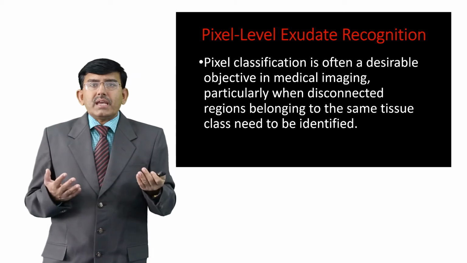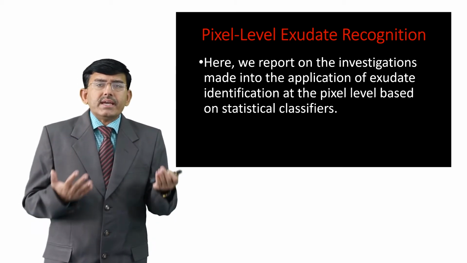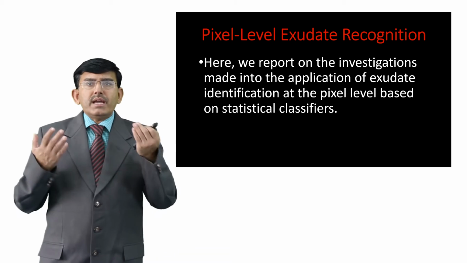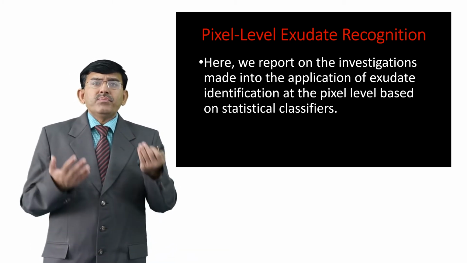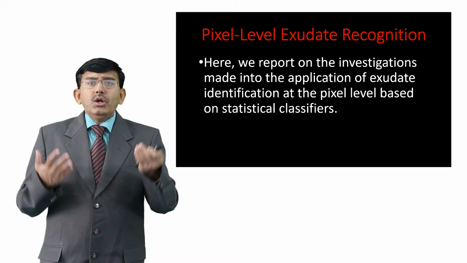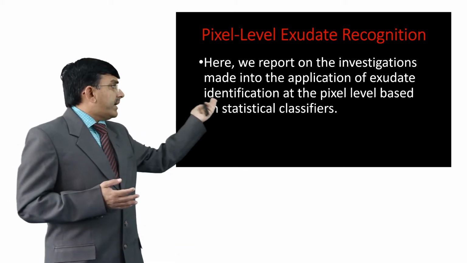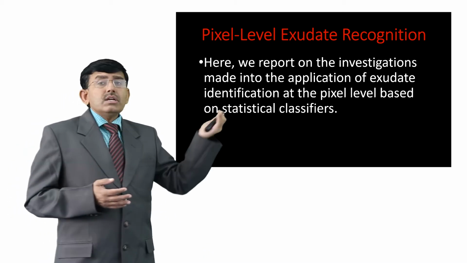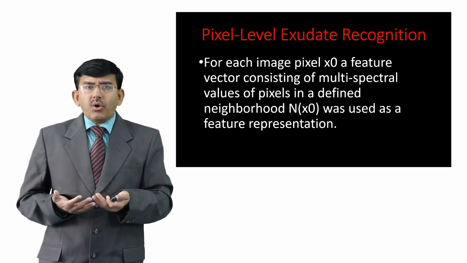Here we report on the investigation made into the application of exudate identification at the pixel level, based on statistical classifiers, like any soft computing technique or fuzzy logic and so on.